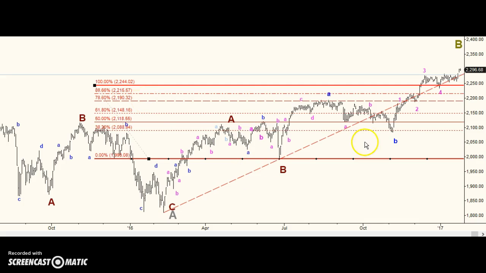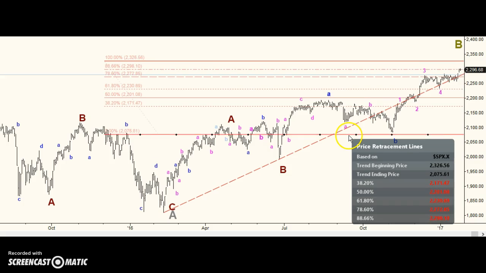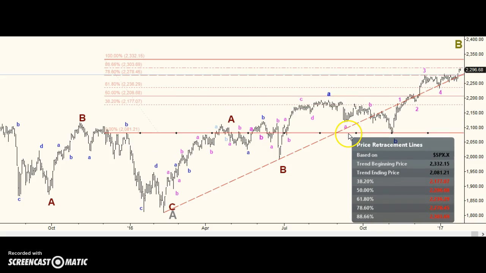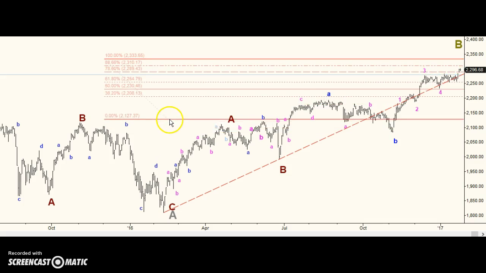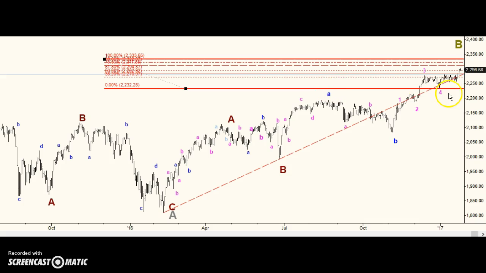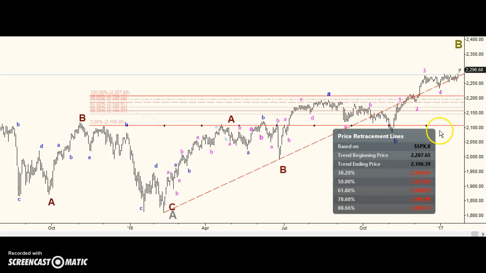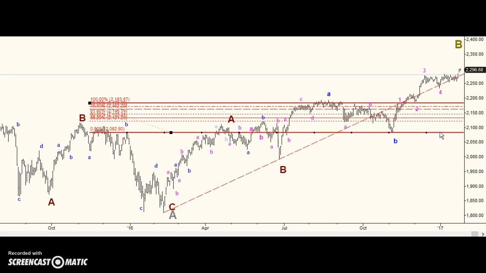You'd like to see wave purple 1 pretty much equal to purple 5. There's purple 5. There's purple 1. That's pretty much the same.